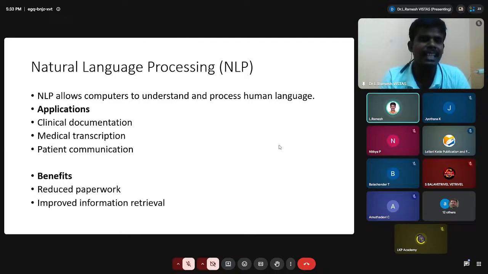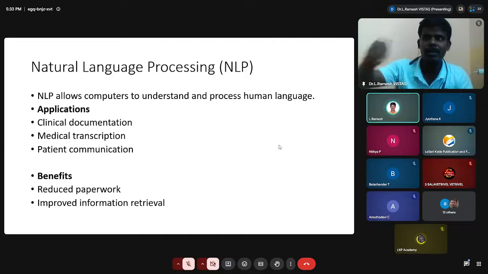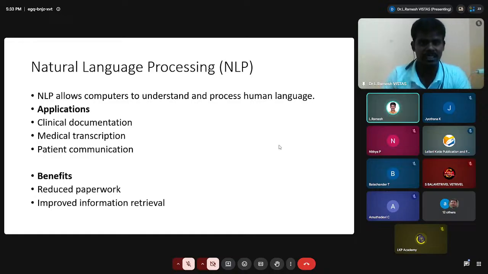And second thing, medical transcription. So medical transcription, what are the needs involved in the particular hospital or particular medical? What are the medicines needed? Preparing the documentation automatically. So it is known as natural language processing.